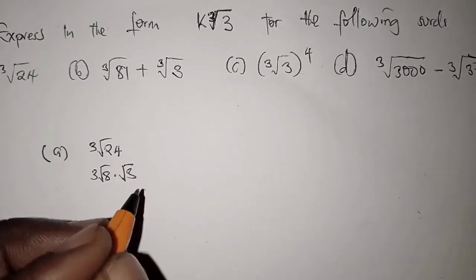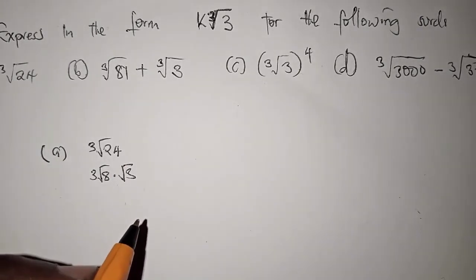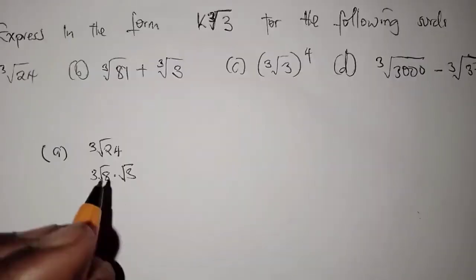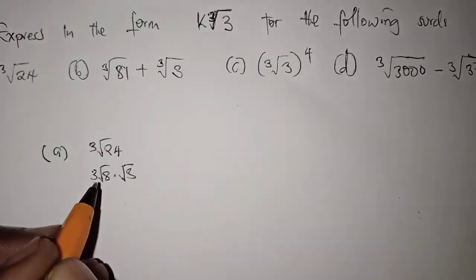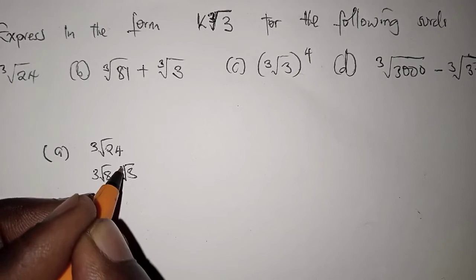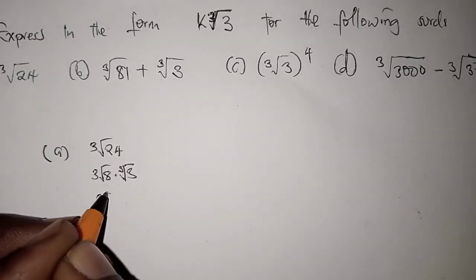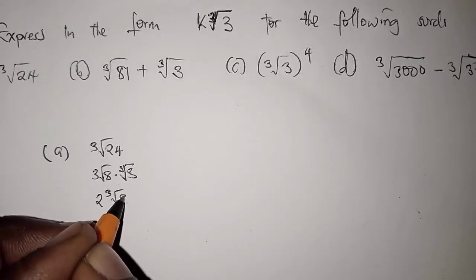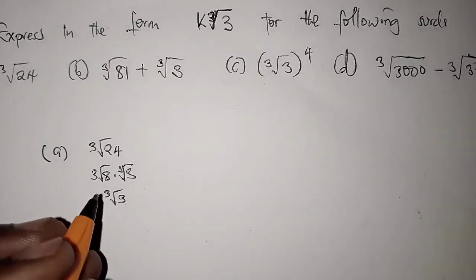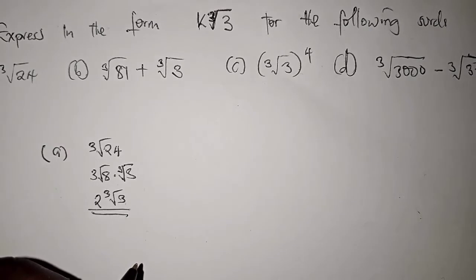As we are doing this, we have to be very mindful that the final answer will be in the form k multiplied by the cube root of 3. So the cube root of 8 is simply the value of 2. So there we have 2 multiplying the cube root of 3. If we check for this one, our k there is 2.